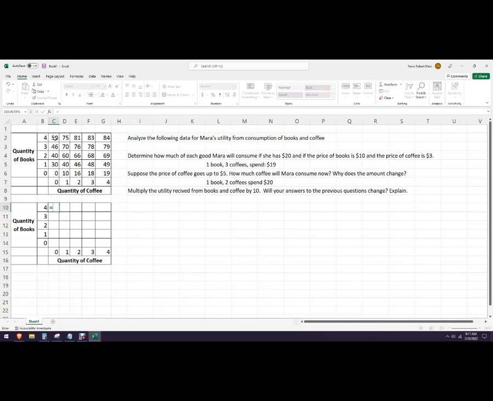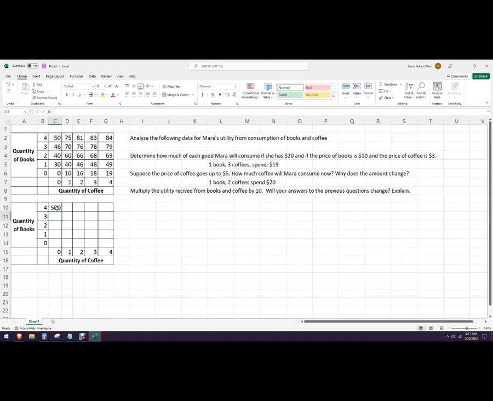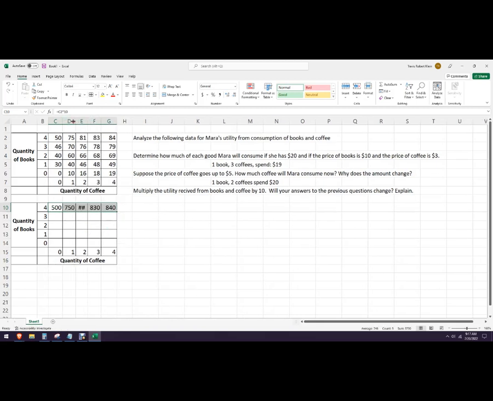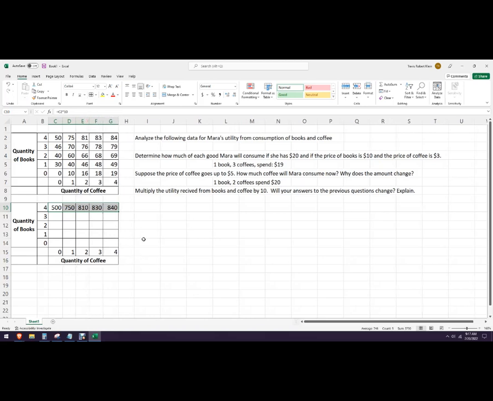So we're going to go equals this times 10. We've got to make the numbers a little bit bigger. Then just copy that over there. That makes sense. Then we'll just copy all this down here.